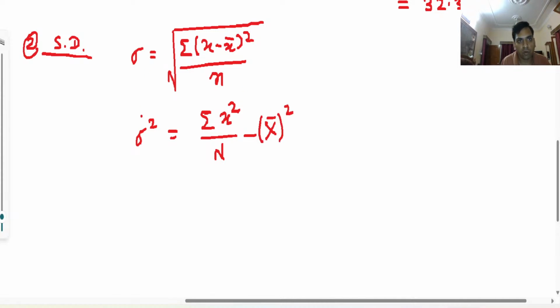This is the another form of this formula. So we will use this formulation first.